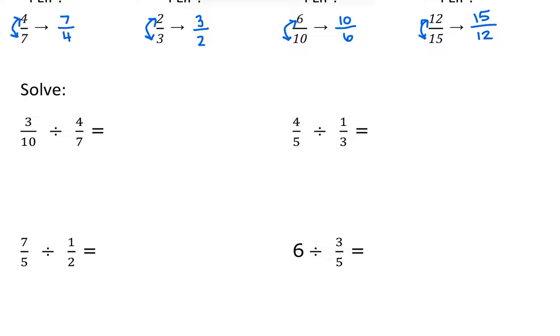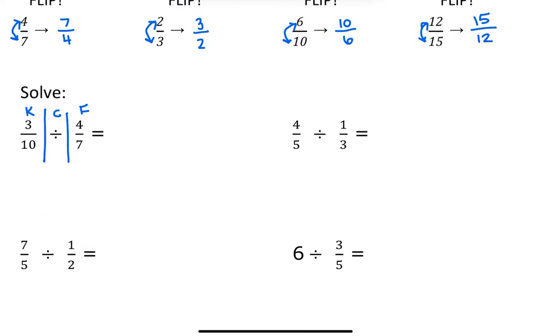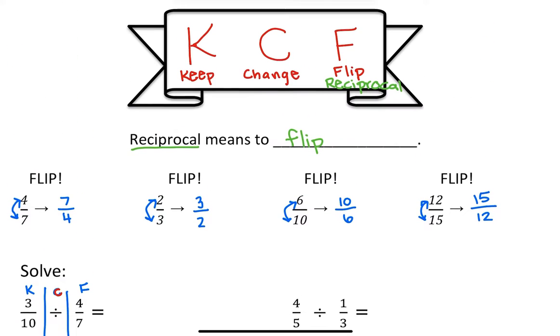So in the first one, notice we have a division symbol. Right here, it says divide, and I have two fractions. So this is dividing fractions. So what I'm going to do is draw a line and break this apart and put my KCF. So K, again, stands for keep. So I'm going to keep the first fraction the same. Stays exactly the same. I am going to C, which stands for change.